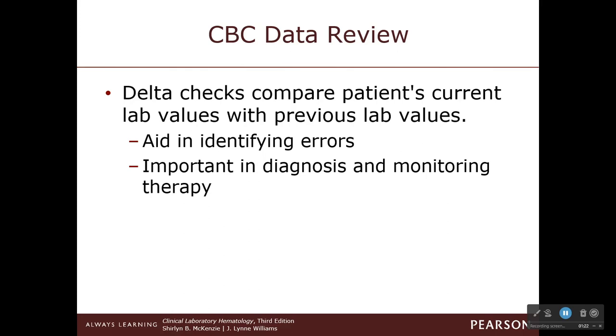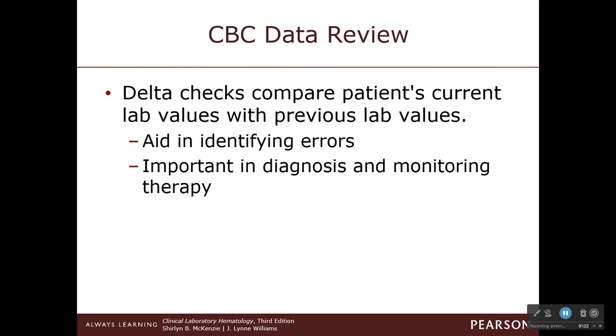What should their hematocrit be if their hemoglobin is 8? 24, plus or minus 3, right? So let's say it's 25. That fits in our rule of 3, so we're going to release it. Two hours later, you get another tube that has the same patient's name on it, and their hemoglobin is 15.